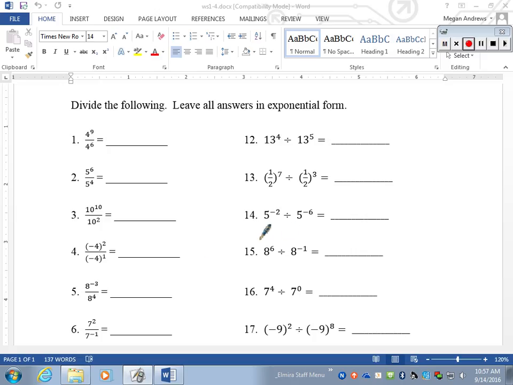So you can type this into your calculator. Remember that this is the subtract key, this is the negative key. You can rewrite this as -2 plus 6. Combine those two double signs. But at the end of the day, you need to have a 4 here. Not a -4, not an 8, not a -8. So be careful about that.